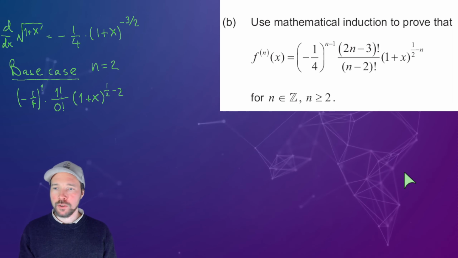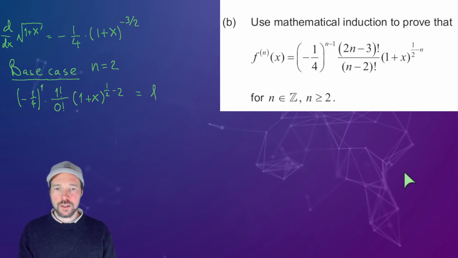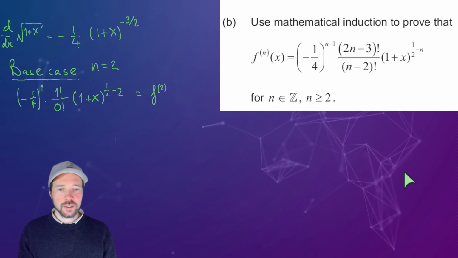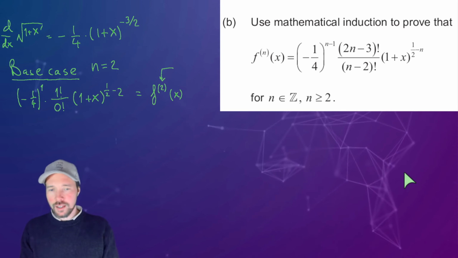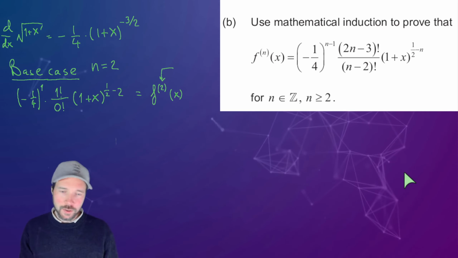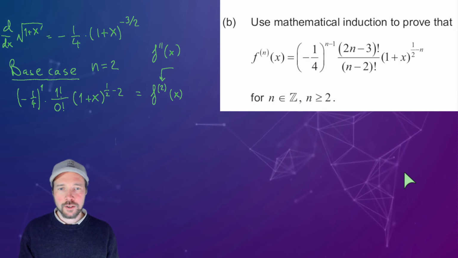And we're supposed to prove that this is equal to the second derivative. When we have a number in brackets like this, it means that it's the nth derivative. So in this case, the second derivative is the same thing as this, so these are the same thing.